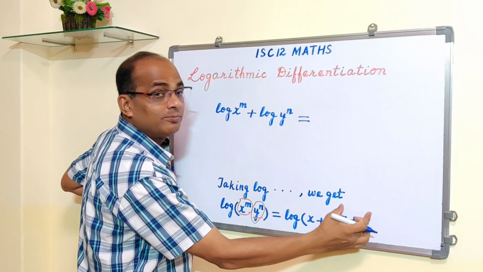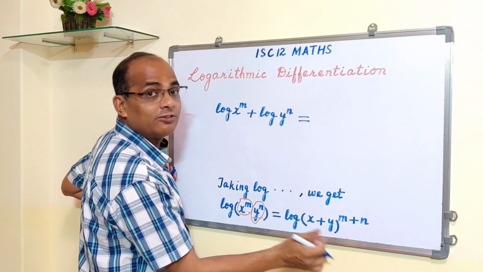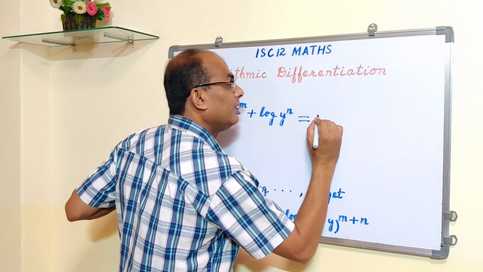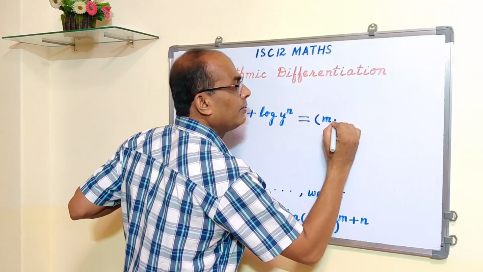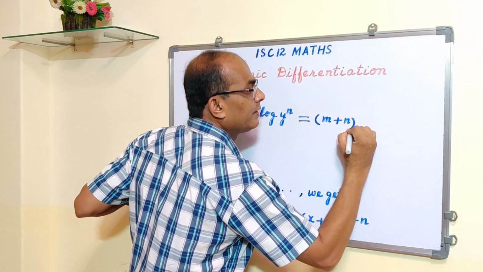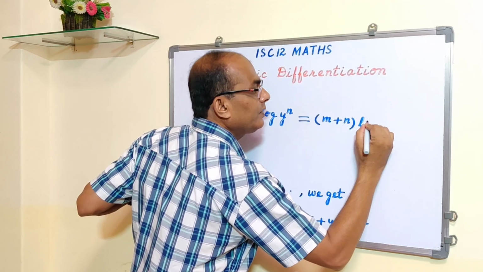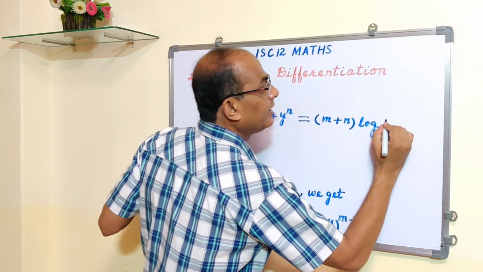Log a whole raised to the power b, so this will come out m plus n log x plus y.